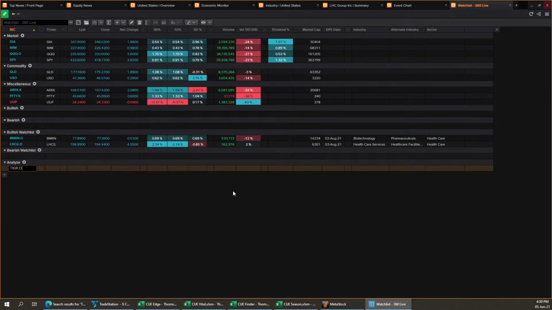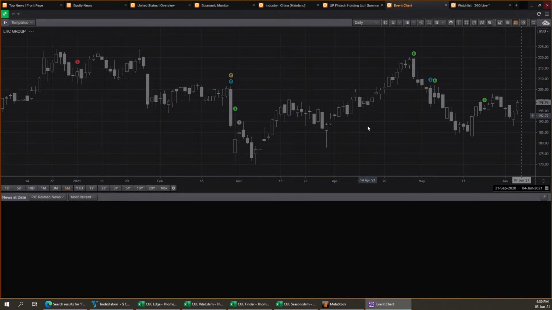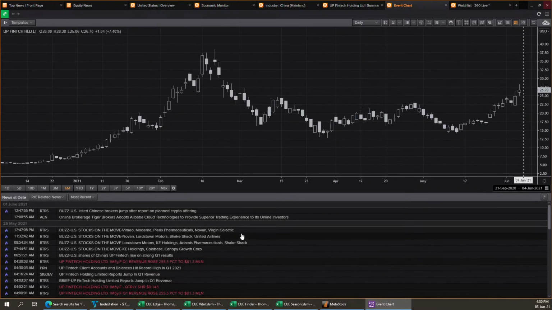So I looked at TIGR, and as part of my analysis, I looked at the event chart I shared in a forum post earlier, and I also explained in a video how I use it. So I tend to look at the events taking place in a stock as it is moving up or moving down, and this Zenith facility allows me to put my cursor anywhere and see what were the news.